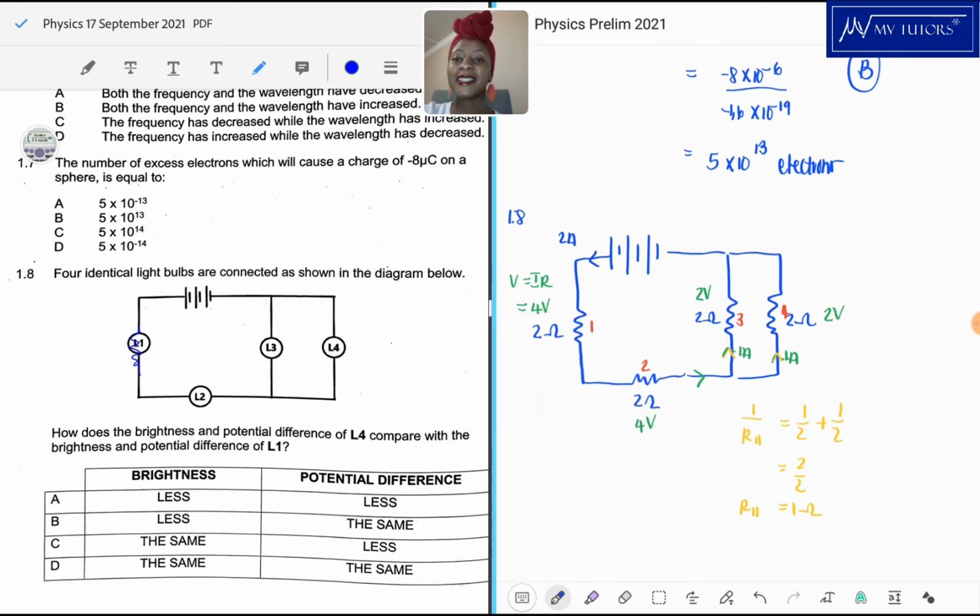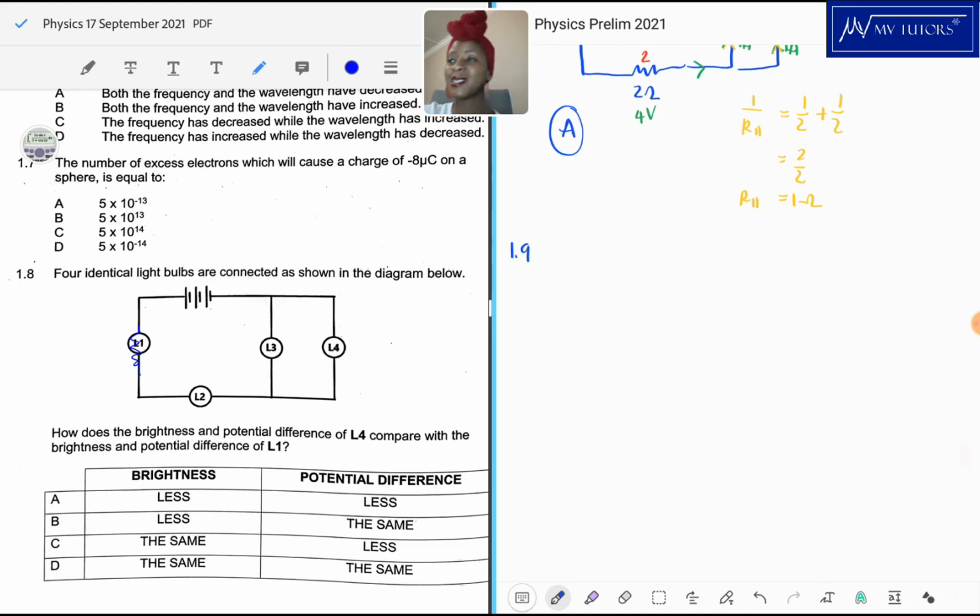I hope that makes sense. So between A and B, we said the potential difference is less, and the brightness as well will be less. Actually, we're looking at A and C because we said potential difference is less, and if you look at the brightness, it will definitely be less as well. I really hope it made sense. So the answer there would be A.